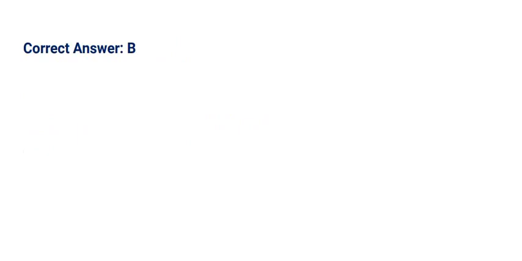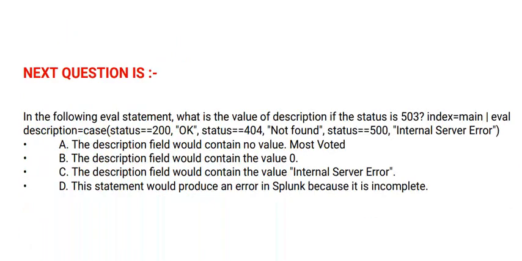Moving to next question. In the following eval statement, what is the value of description if the status is 503? index=main | eval description=case(status==200, "OK", status==404, "Not found", status==500, "Internal server error"). Option A, the description field would contain no value.